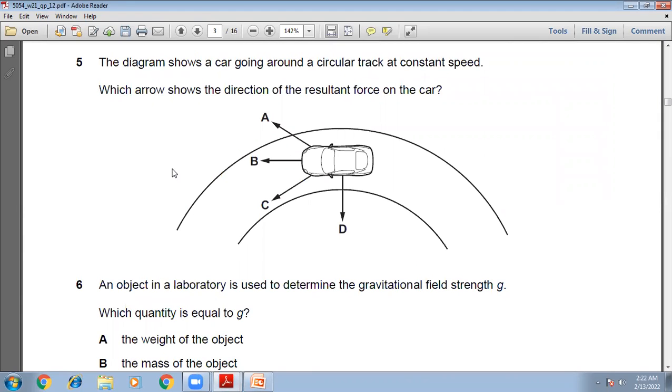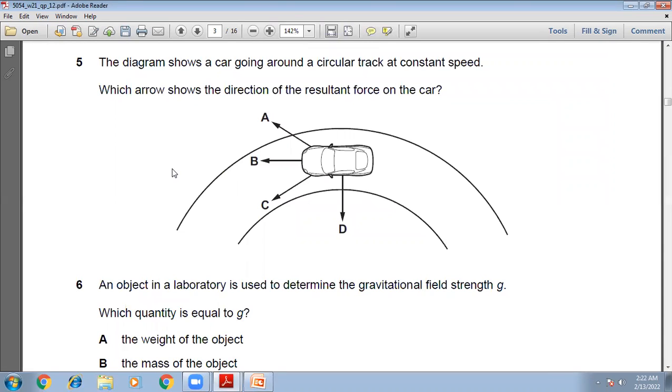The diagram shows a car going around a circular track at constant speed. Which arrow shows the direction of the resultant force on the car? Whenever you move in a circular track, there is a resultant force on the body, and that is called centripetal force, and that always keeps the body in the circular path.